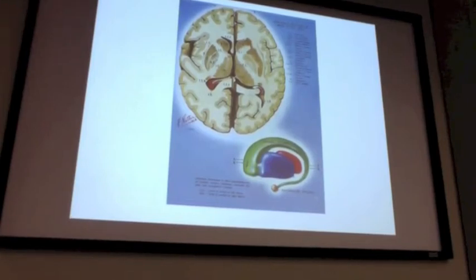This is a horizontal section, which shows things from a little different perspective. So here, instead of cutting this direction, we've cut like this, and you see a very, very big white matter tract, which is called the internal capsule.